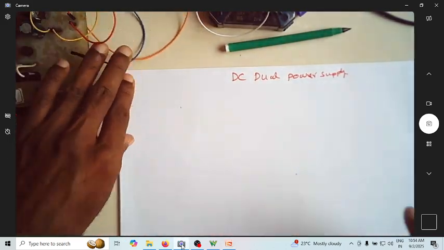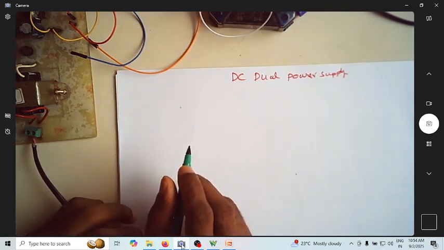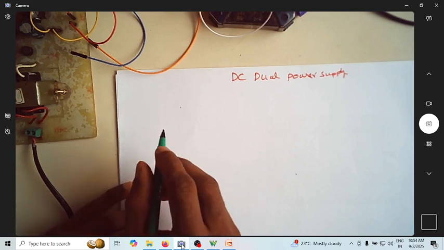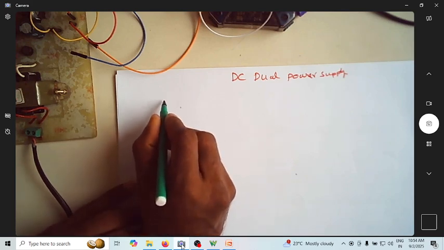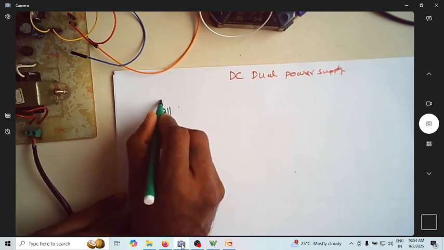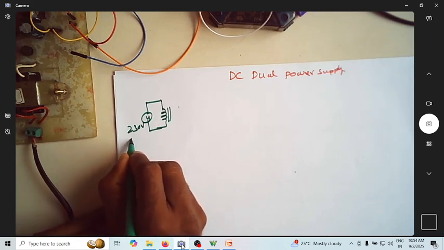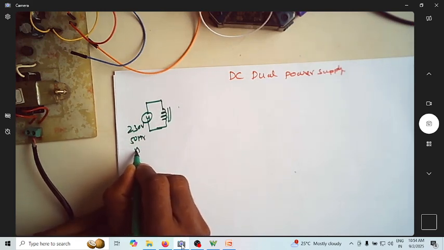So we know that we can realize a DC voltage using a two diode rectifier, that is a full wave rectifier, of course with the input voltage being a 230 volt 50 hertz AC signal.